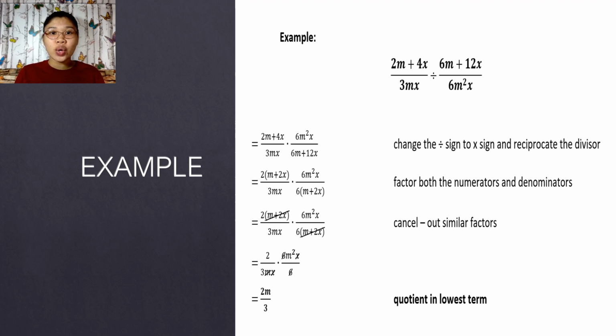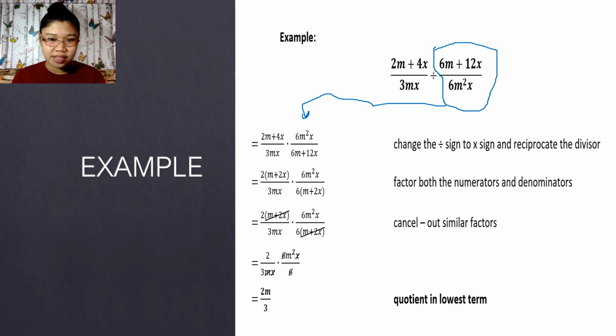So first thing to do, based on our step, is to reciprocate the divisor. So we have here the reciprocal of 6m plus 12x over 6m squared. We'll be using blue ink again. The reciprocal of that is 6m squared x over 6m plus 12x.